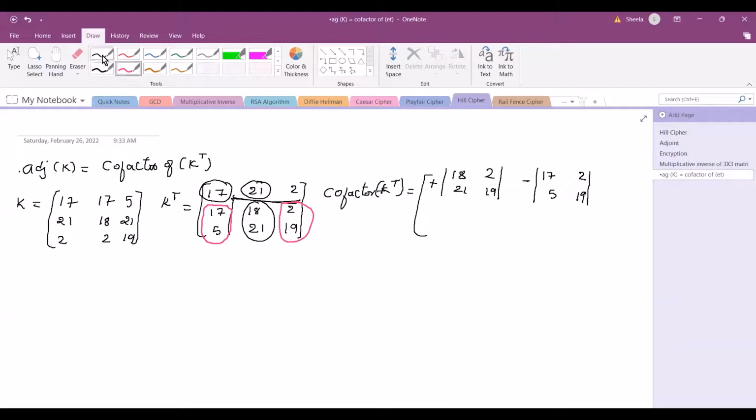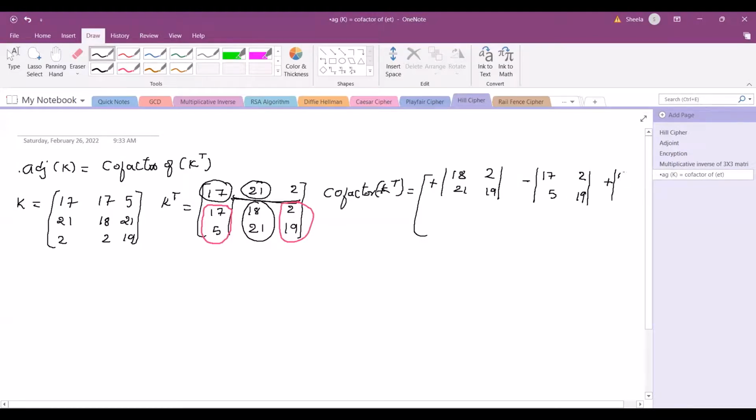And again, for the cofactor of the third element, in the first row, third column, i plus j is 1 plus 3, that is 4. Minus 1 to the power of 4 is plus, so I'm going to get positive. For the cofactor of 2, I need to skip the first row and last column.